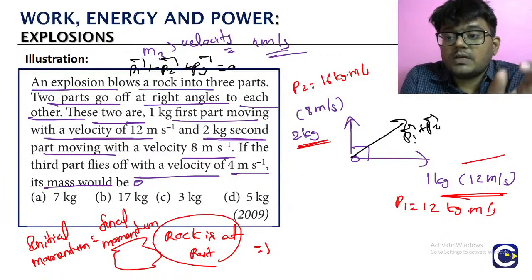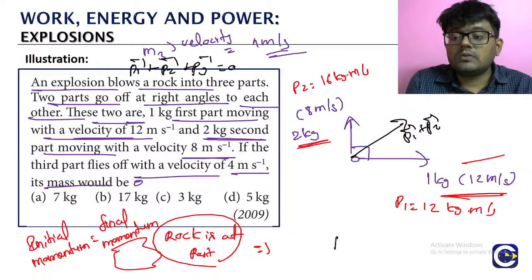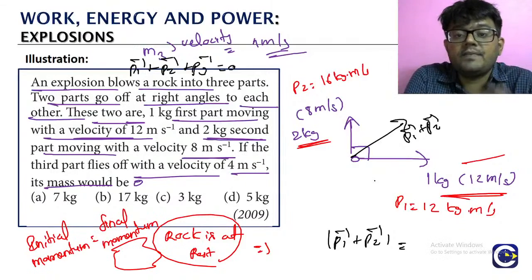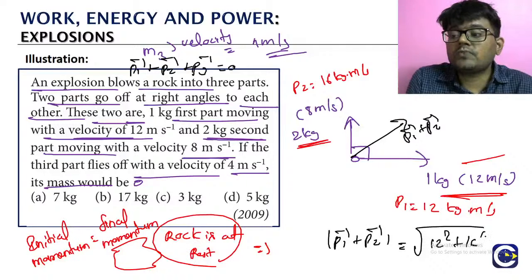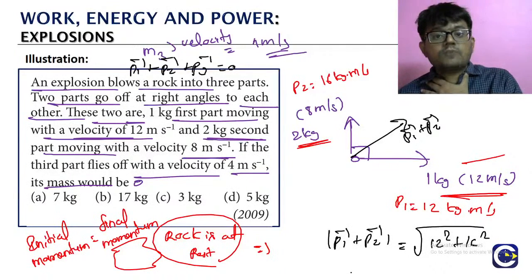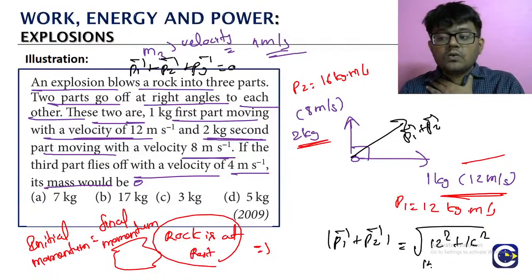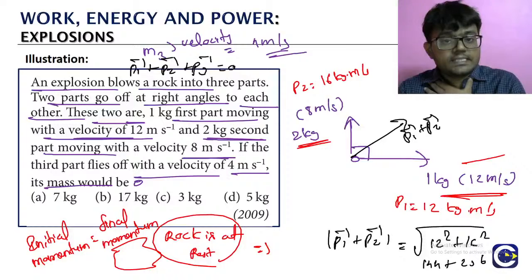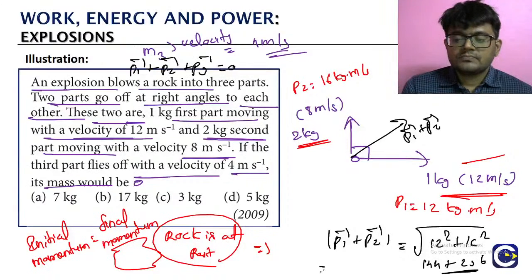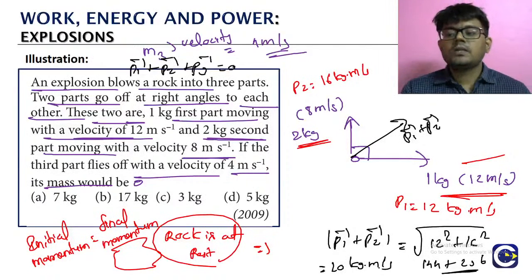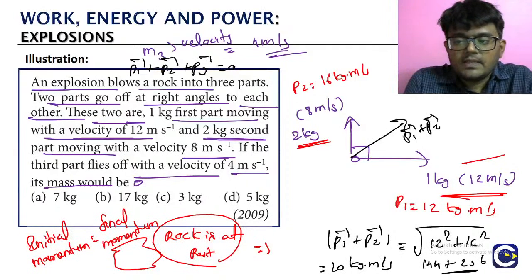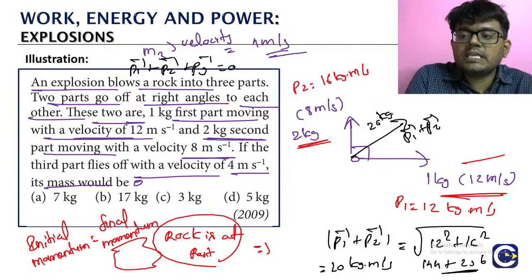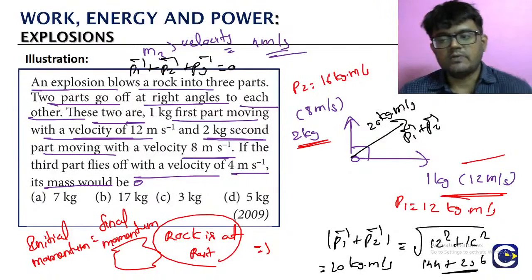What is its magnitude? Since P1 and P2 are at right angles, the resultant is the root of 12 squared plus 16 squared. 12 squared is 144, 16 squared is 256. Adding gives 400. Root of 400 is 20. So the resultant of P1 and P2 is 20 kg meter per second.